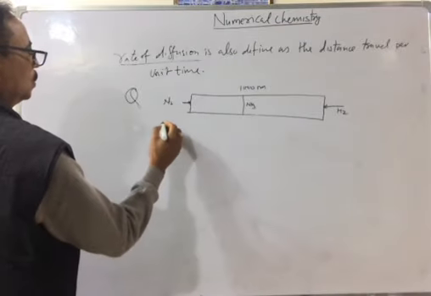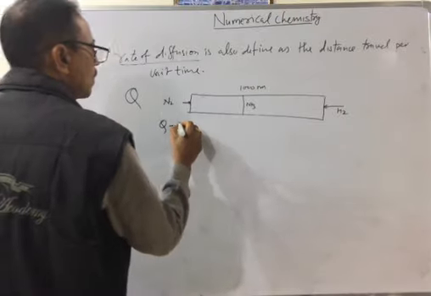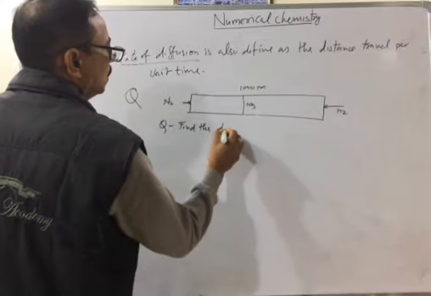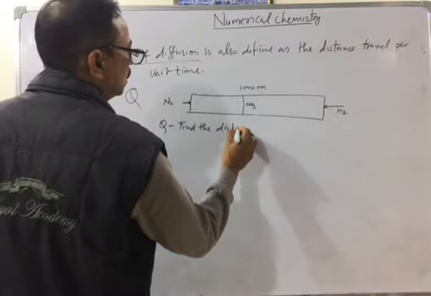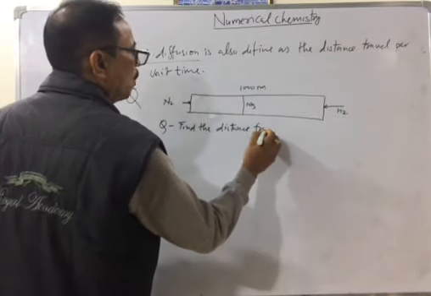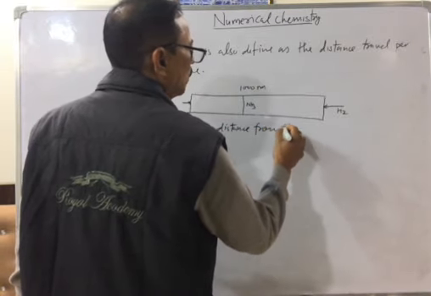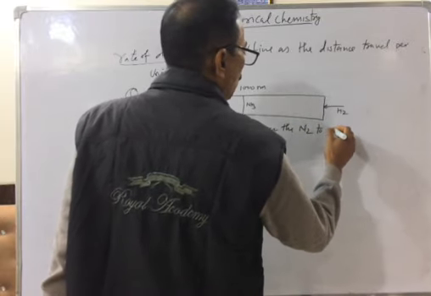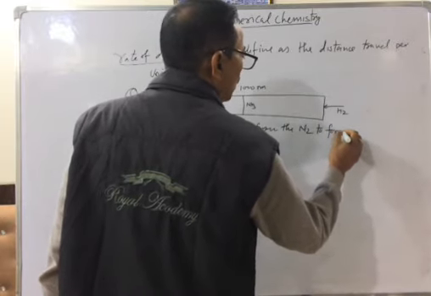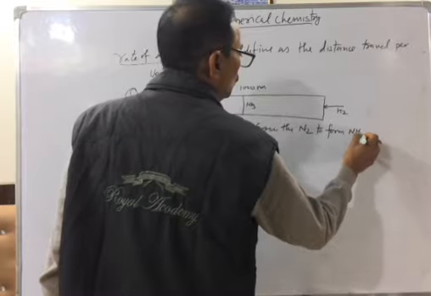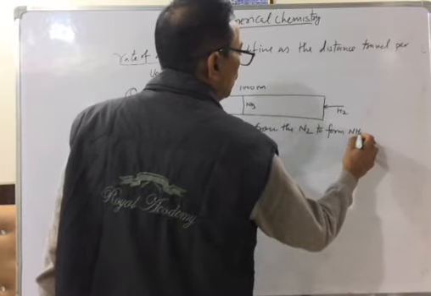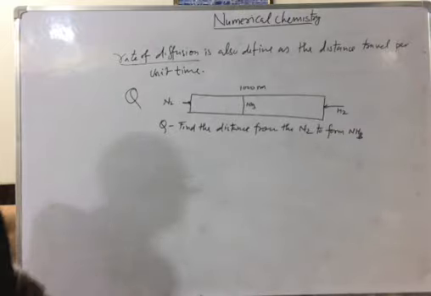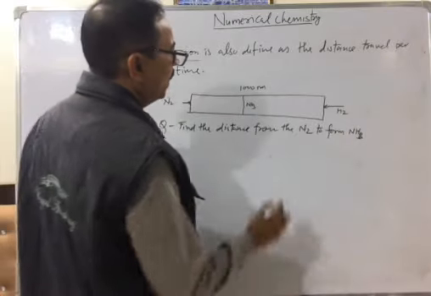So the question is, find the distance from the nitrogen side to form ammonia. So let us see what happened.